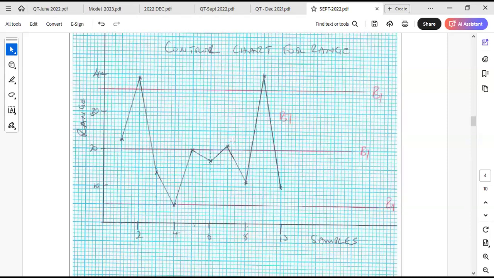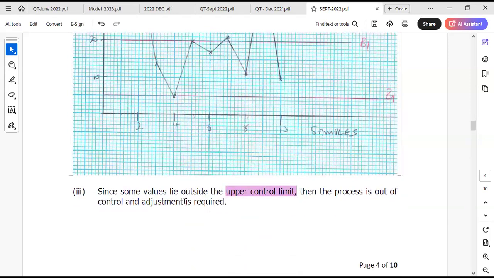So it means that the process is not in control. Since we have some points outside the upper control limit, the process is out of control. That is the comment.